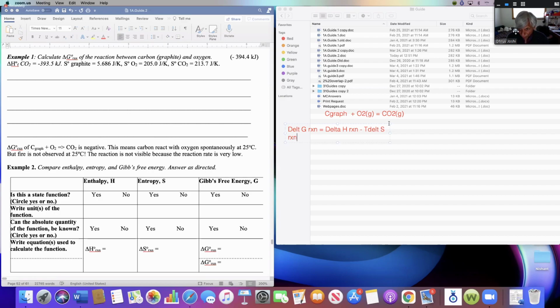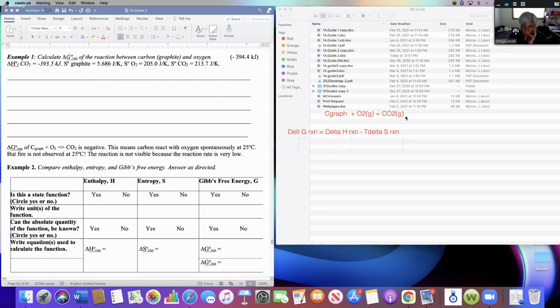That's our equation. We have delta H already given to us. We don't have delta S. We know T is 25 degrees Celsius. We don't have delta S, so we need to calculate delta S, and that's just adding this up.